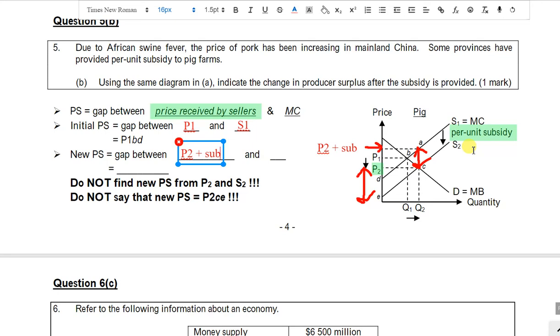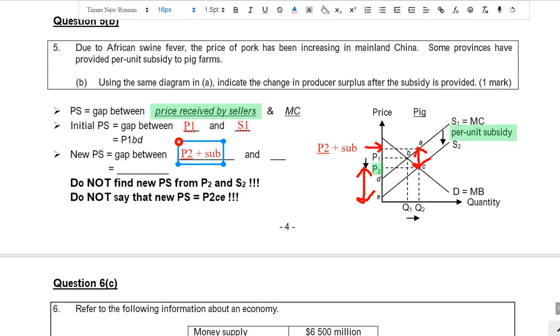When you produce it, you still buy the raw materials at the same price. What you benefit from the subsidy is that when you sell the product to the market, you can receive something from the government. But the cost of producing it doesn't change. And you can't tell me that there is a new cost and we have S2 being the new supply, new marginal cost. This is totally incorrect.